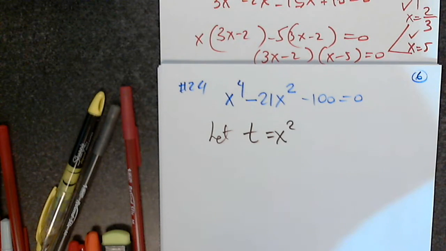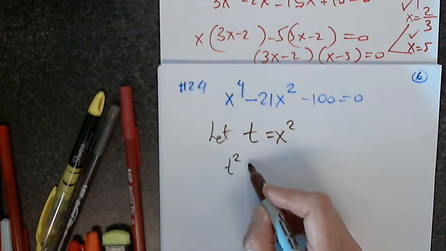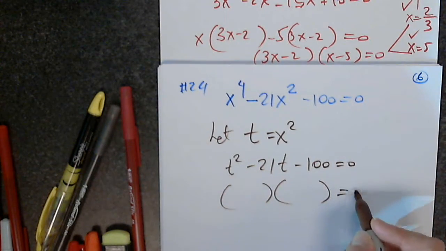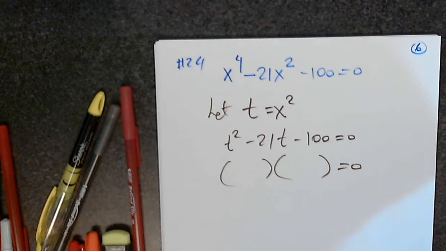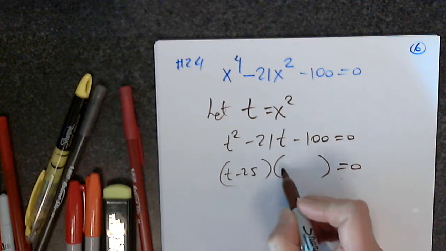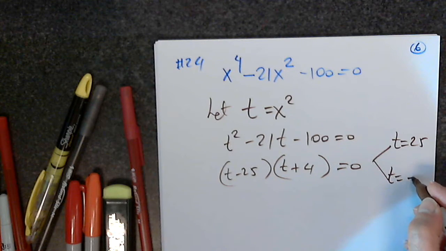Can anyone give us the equation we need to solve? t minus 25, t plus 4 equals 0. Okay, so first of all, it's t squared minus 21t minus 100. And yes, now we have to factor this completely. I agree. And yes, you said t minus 25 and t plus 4. I agree with both. And then t equals 25 and t equals negative 4.